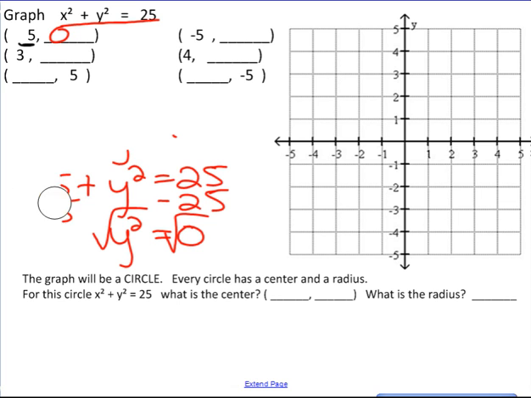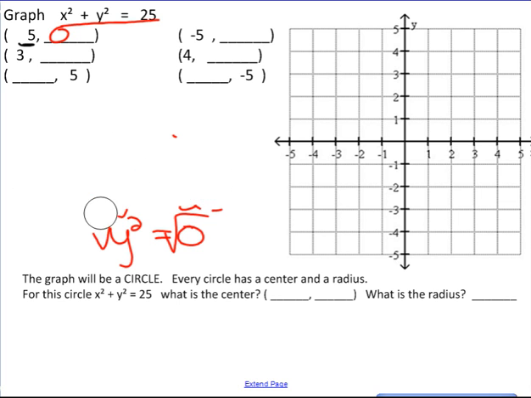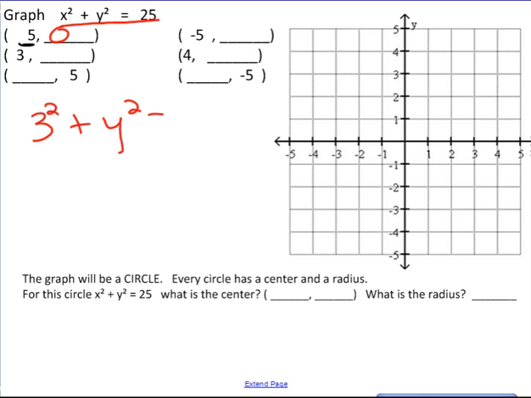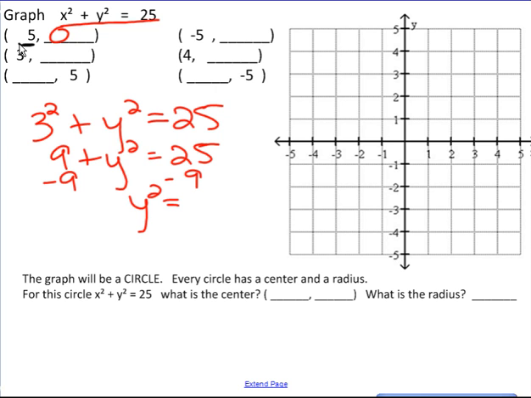So this time I'm going to plug in x equals 3. If x is equal to 3, I have 3 squared plus y squared is equal to 25. 3 squared is 9. Subtract the 9. y squared is equal to 16.